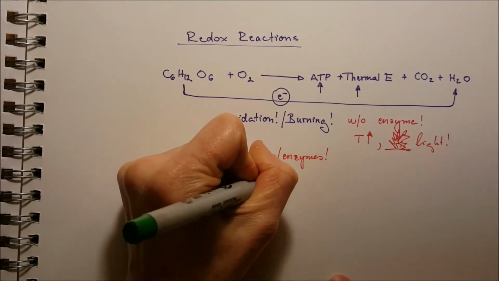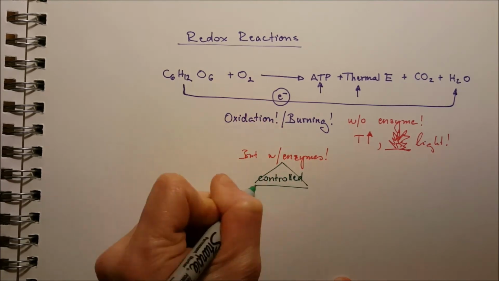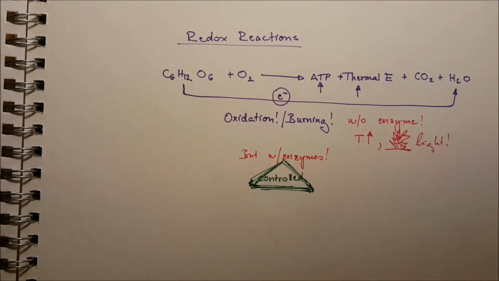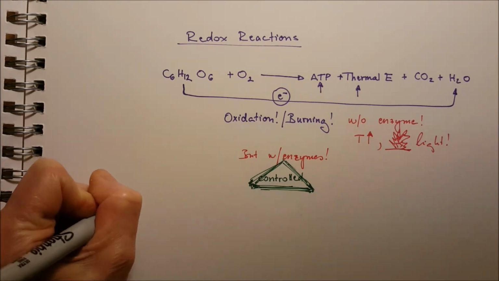But this reaction in our body, in the mitochondrion, is controlled with enzymes, so that's why we are not in flames and we are not producing light energy by burning the glucose in our body.